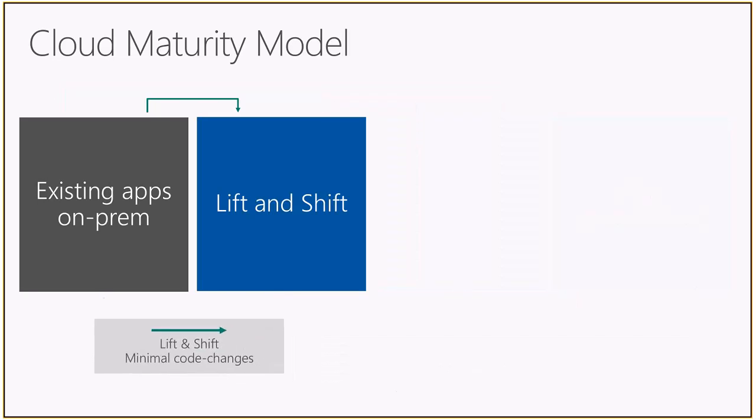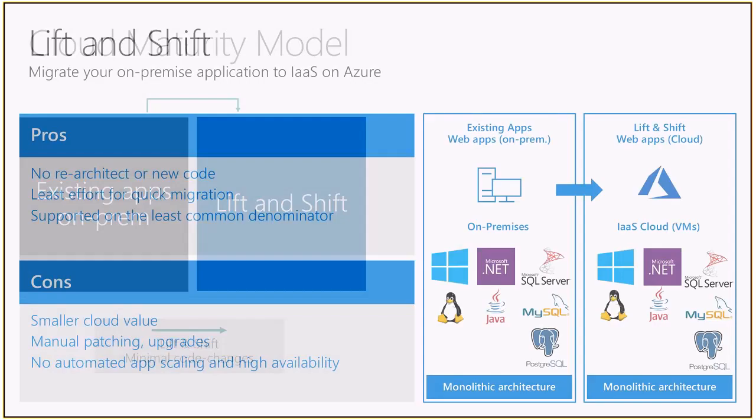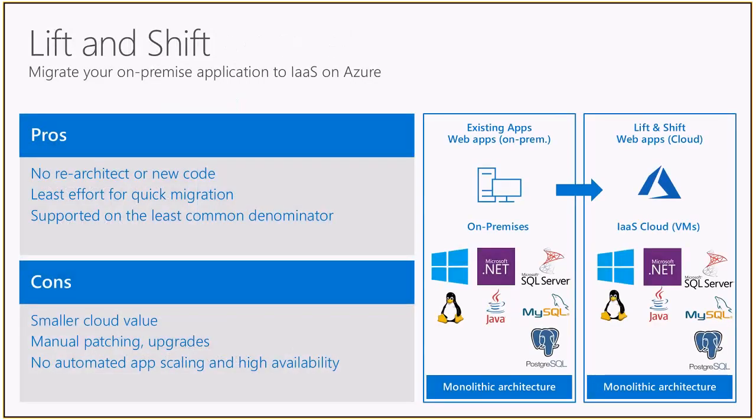Okay, so the first one is where you do lift and shift, and mostly when you do lift and shift, you do no re-architecture. Basically, the application is running on servers on-prem, and then you move it into the cloud, using virtual machines.